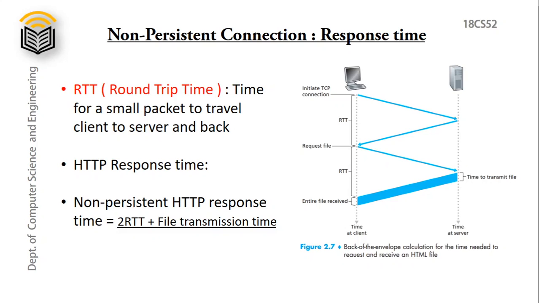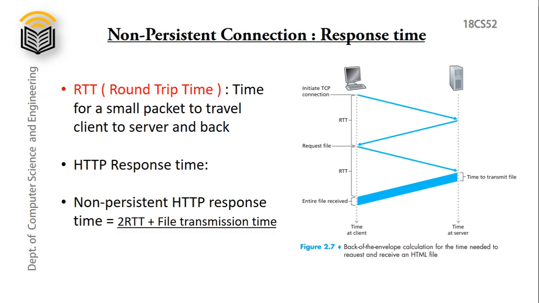And then it takes 1 more RTT to request and receive the file from the server, along with some file transmission time. Here we define the time taken by files to reach the client. The larger the file size, the greater the file transmission time. So the total response time for a non-persistent HTTP response is 2 RTT plus file transmission time. But to receive 10 more objects, the response time is 10 times more along with this. So this is how we calculate the response time for a non-persistent HTTP connection.